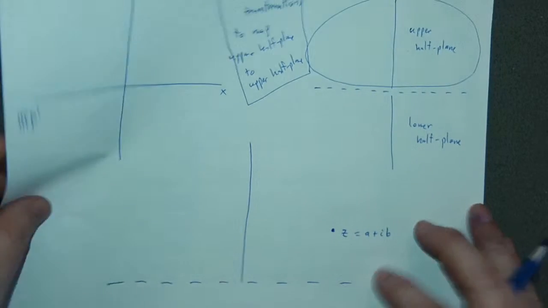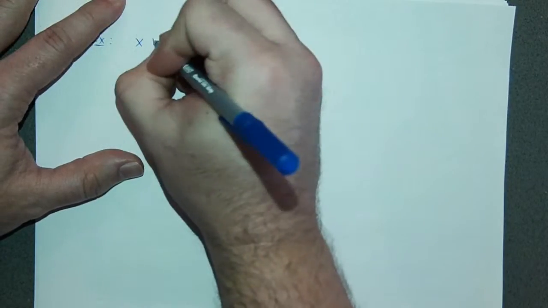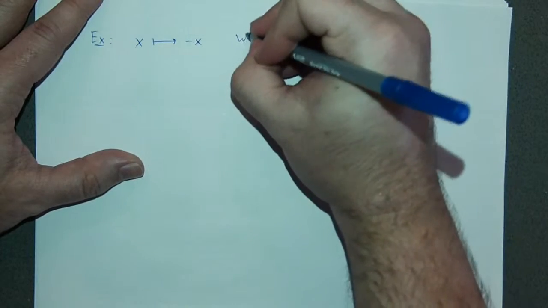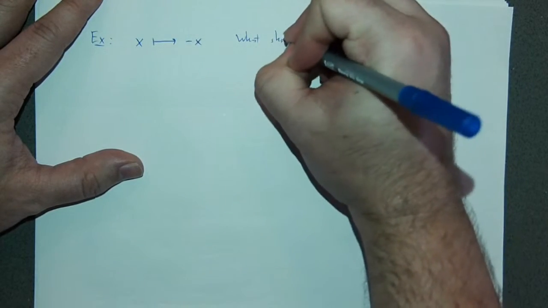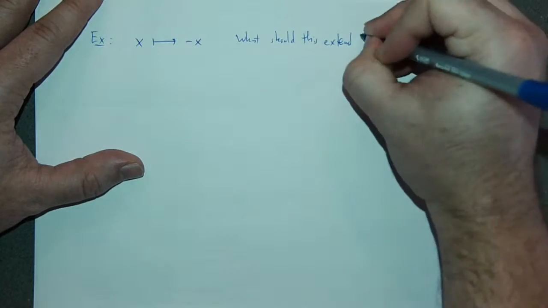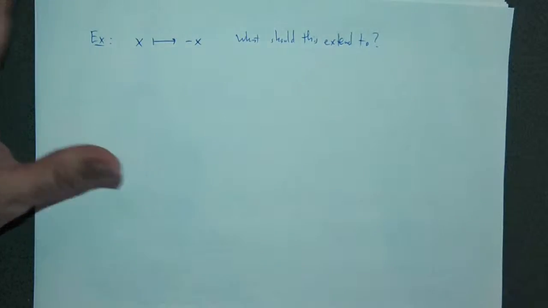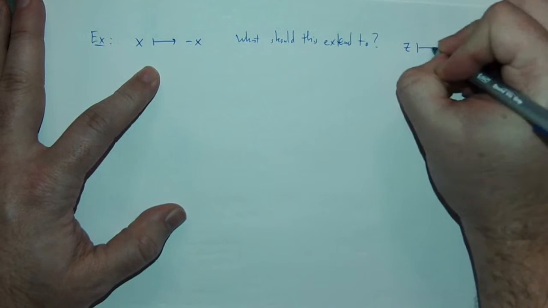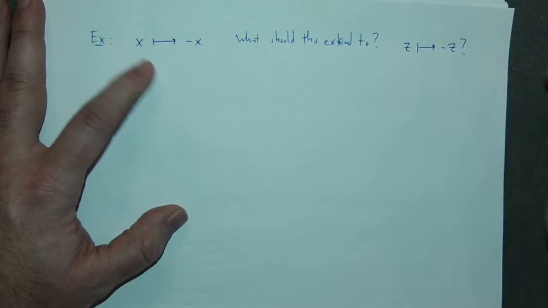So here's an example to consider. In linear fractional transformations, I would have the example that sends x to minus x. So what should this extend to? Now you might say, should it extend to z mapping to minus z?